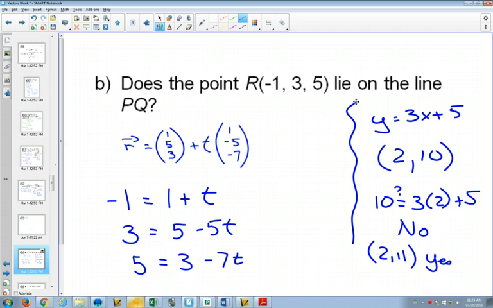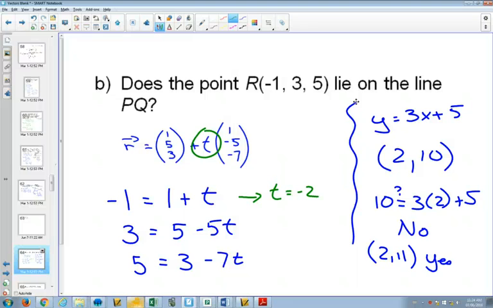Now, if that point is on that line, then there exists some value t that makes it work. So if I look at my first equation, can you see that this would work if t is equal to negative 2? So now the only way it's possible is if t is equal to negative 2. What about the second equation, though?